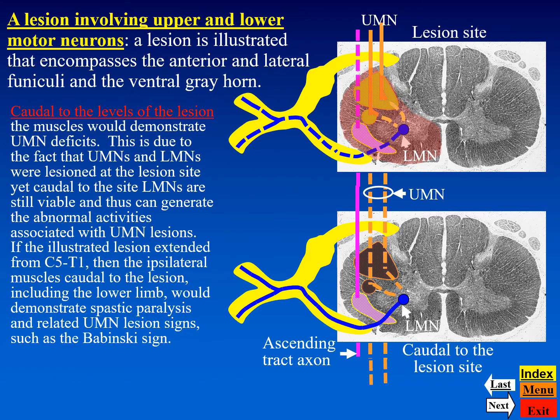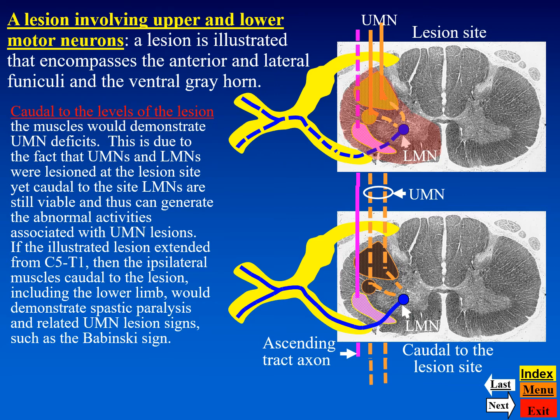So the findings below the level of the lesion would be those of an upper motor neuron nature, that is, spastic paralysis, hypertonia, hyperreflexia, Babinski sign, and disuse atrophy, just as some of the examples of what you would find.